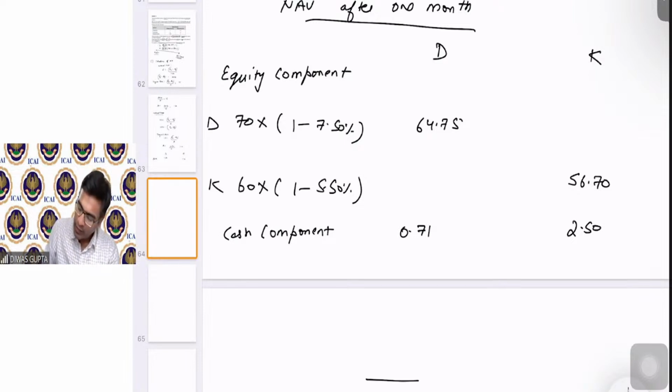Should I take a total here, 64.75 plus 0.71 and 56.7 plus 2.5, or still I'm doing one less step that I should do? What should I do, students? Tell me. We are towards the end of calculating the NAV. Yes, cost element. Very nice, Tanisha.